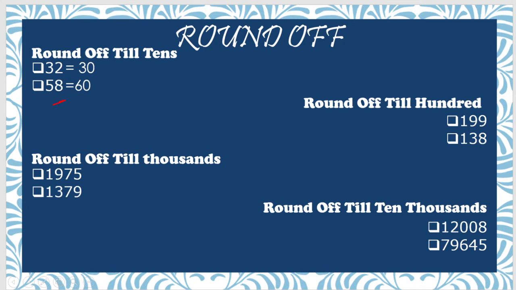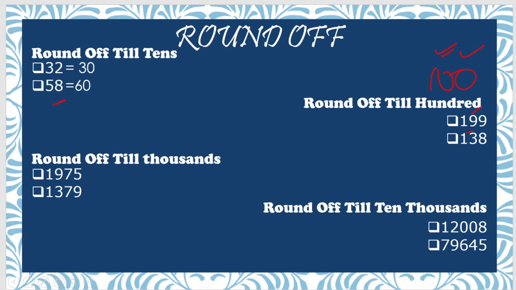Now to round off up to 100. How many zeros are there? There are 2 zeros. The simple trick is you have to change the number at the double zeros place. That is 99. So you have to use the tens place to change. This number is 9, which is greater than 5.